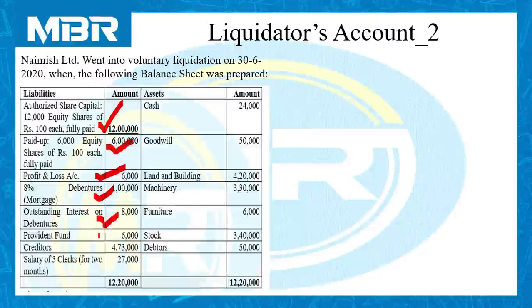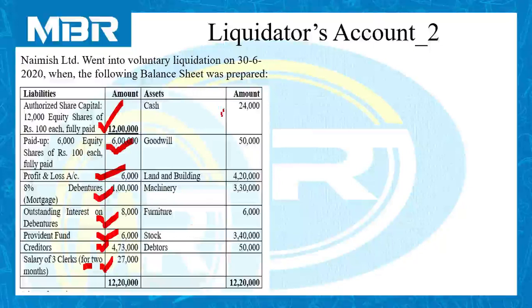Provident fund, which is obviously a preferential creditor, amount is rupees 6,000. Creditors 4,73,000, and salary of 3 clerks for the period of 2 months 27,000.